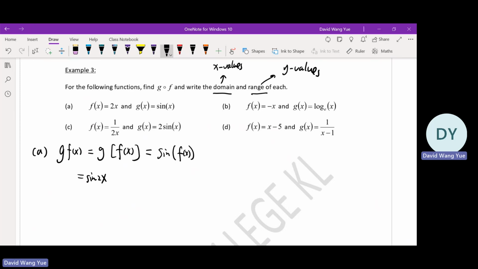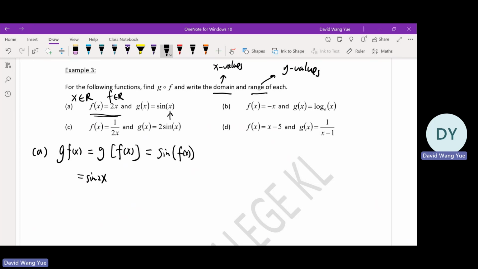So let's think about the possible values of x and the possible values of y. Firstly, for f(x) equals 2x, x can be any real number, and 2x is also any real number. When I substitute f into g, the sine function can take any real number.